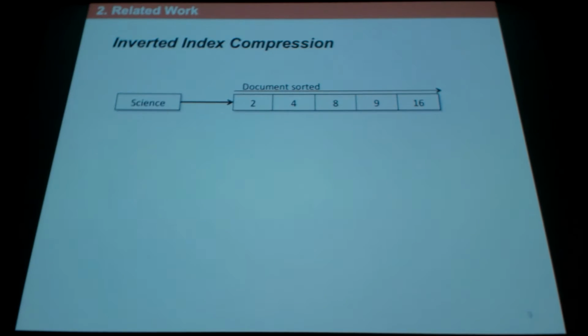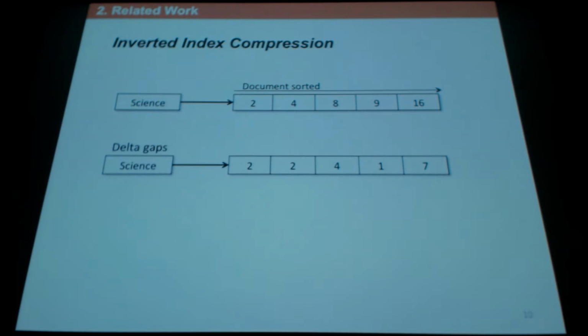So let's start with the related work. You see this is again the posting list of the inverted index, in this case of the term signs. This is document sorted, and you can see those are document IDs. Talking here about compression, the usual way we compress the index is by creating delta gaps.